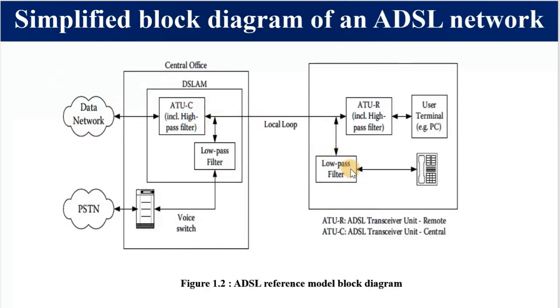So guys, you must be able to label all these components. This is an ADSL modem or a TUR. This is a computer or a user terminal, also known as the customer's premises equipment, for example, a PC.